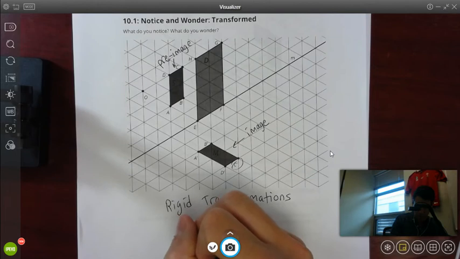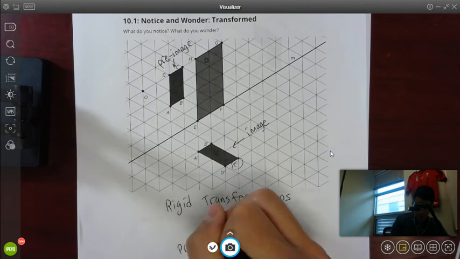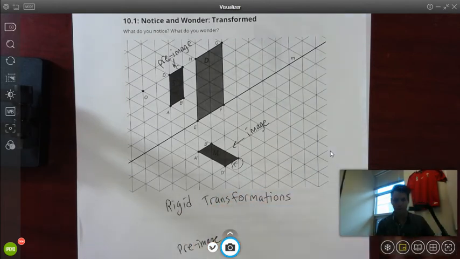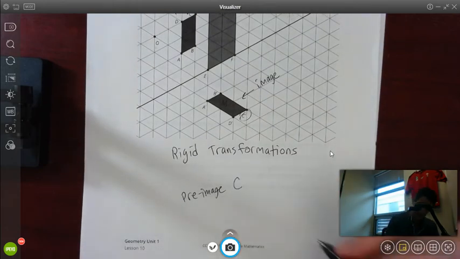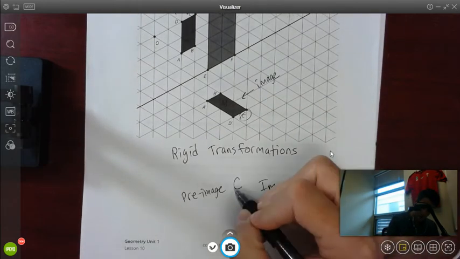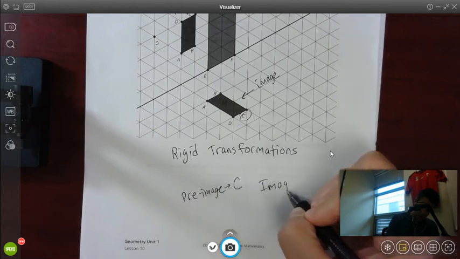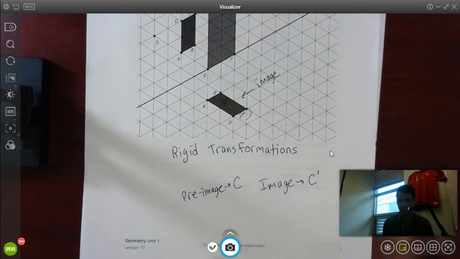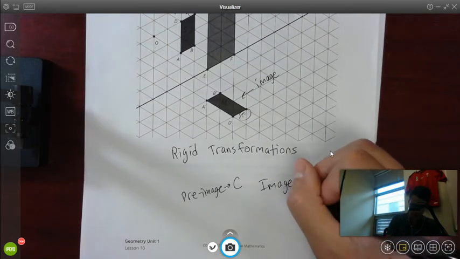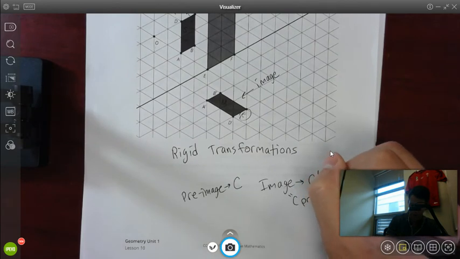The pre-image is at C, and then the image, which is the one that takes place after, that C with a little apostrophe, is known as C prime. You could write it as, quote unquote, C prime.